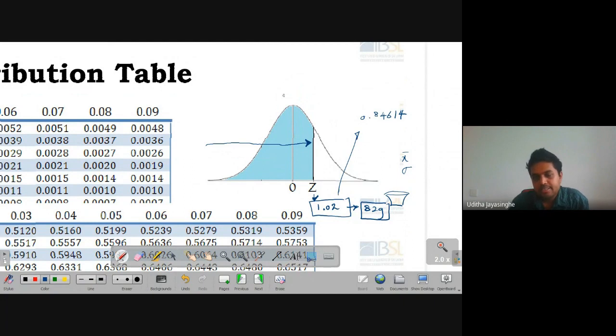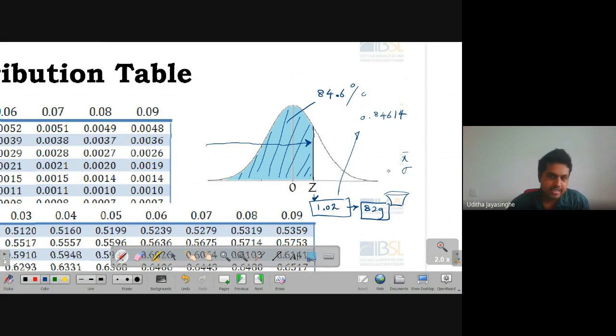So this is going to give you an idea. There's an 84.6% probability, I'm just chopping off the last couple of decimals, that you are going to get a yogurt cup with a value less than 82 grams.